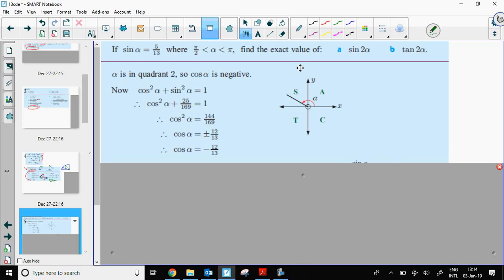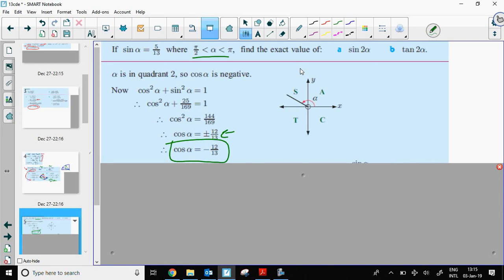We know what sine is, so we square it. And then we find out that cosine has to be either plus or minus 12/13. But we're told that alpha is in the second quadrant, which means that cosine has to be negative. So cosine of alpha is equal to negative 12/13.